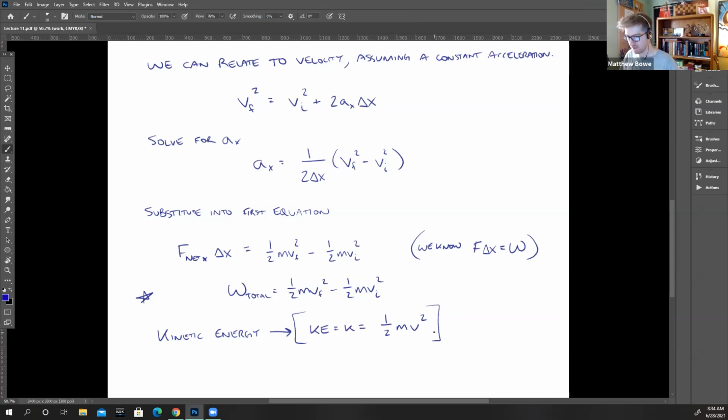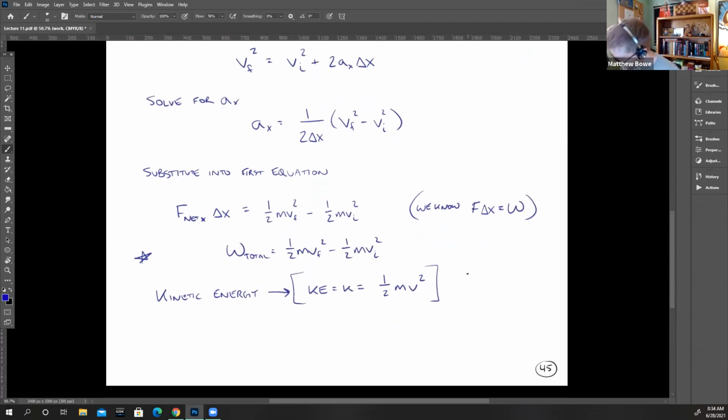And we have this way of relating kinetic energy to how an object may move. We could get this velocity and go directly into energy. We don't have to do that 4-step process all of the time.